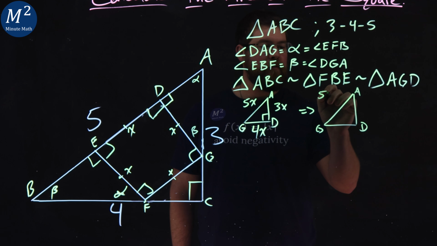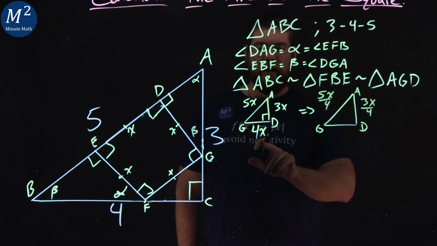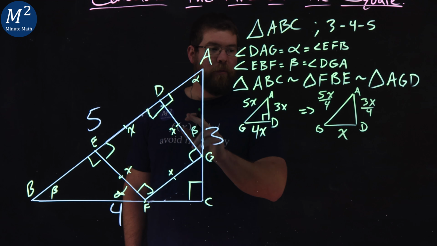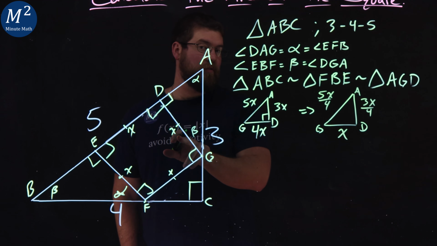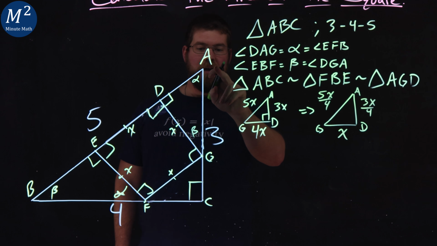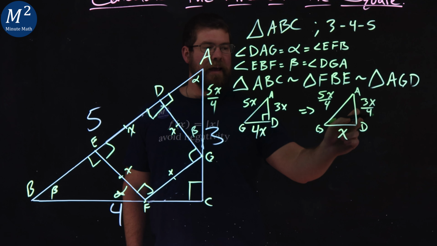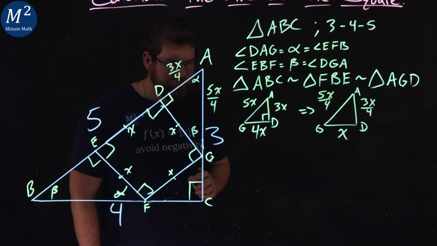We have 5x over 4, 3x over 4, and the 4x over 4 is just our x value. And now we can write these side lengths in terms of x, because we said that was equal to x right here. So AG would be 5x over 4, and AD, 3x over 4.